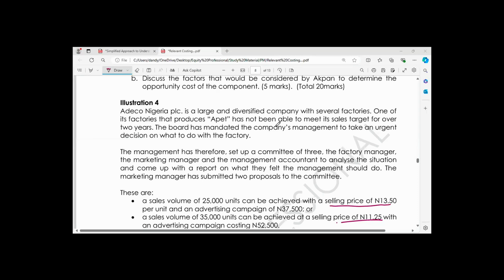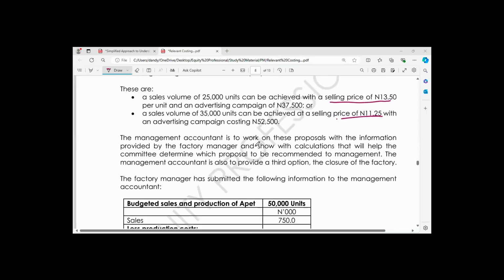But the beauty about this question is that the examiner did not ask me to advise. You as a management accountant are only required to prepare detailed calculation that will support the committee's recommendation to the management, because the marketing director and the factory manager have provided you with the requisite information that you are going to need to do the calculation.